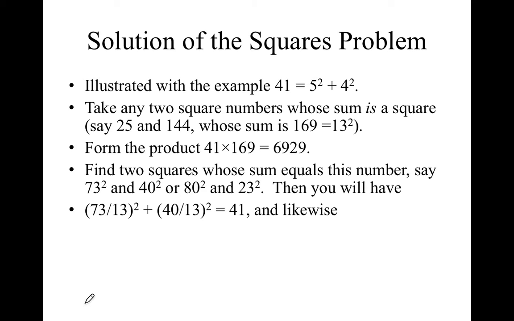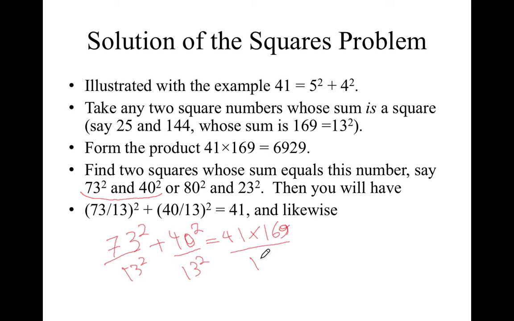So going back to the problem, therefore, we can find these pairs. All right. Now, choosing one of these, we can write 73 squared plus 40 squared is 41 times 169. So dividing both sides by 13 squared, which is 169, these two cancel.